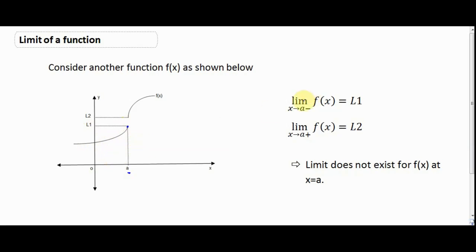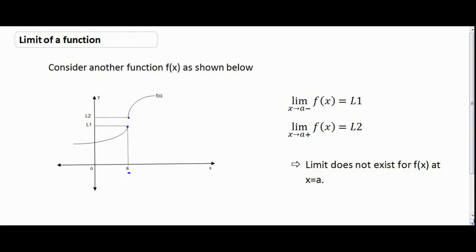Okay, so limit x tends to a minus f of x is equal to L1. Now when we approach the point x equal to a from the right side, we can see that f of x tends to a value which is equal to L2. That is, limit x tends to a plus f of x is equal to L2. So these two values are not equal. Therefore, limit does not exist for f of x at the point x equal to a.